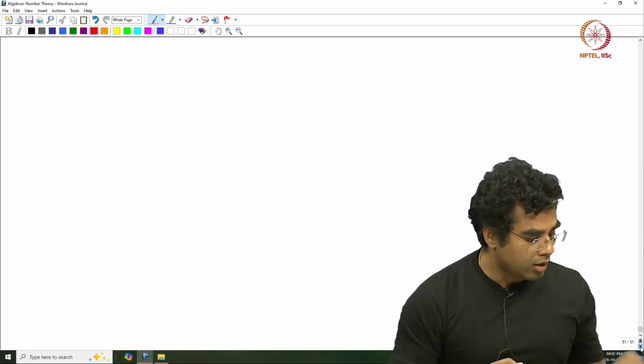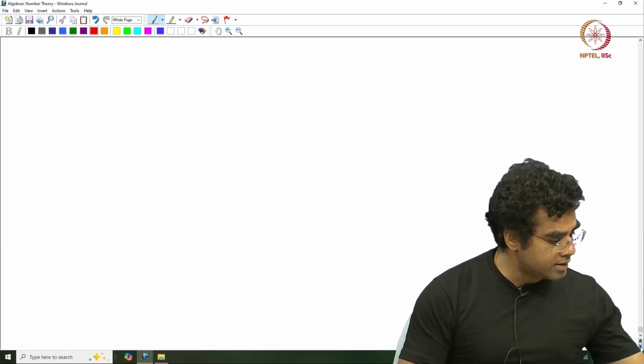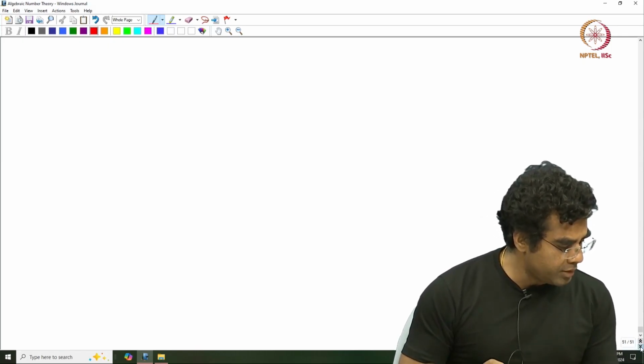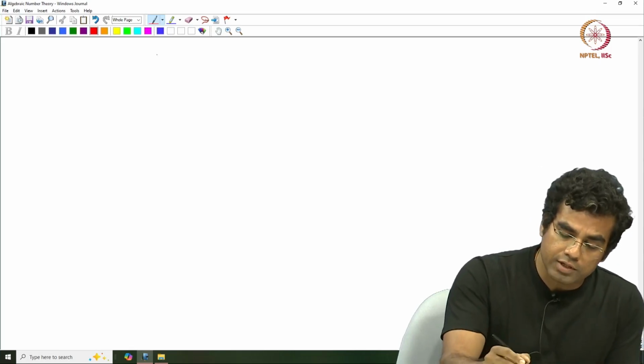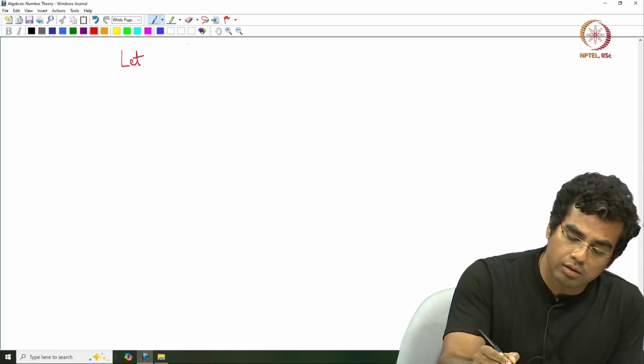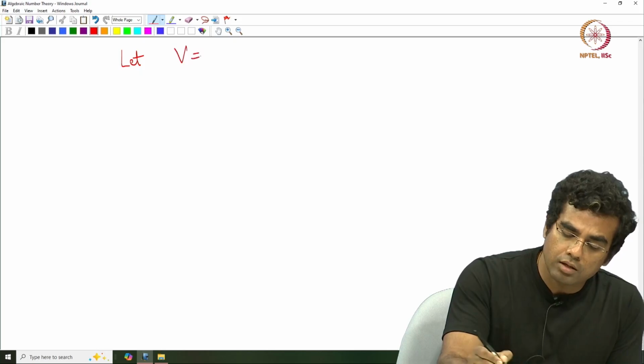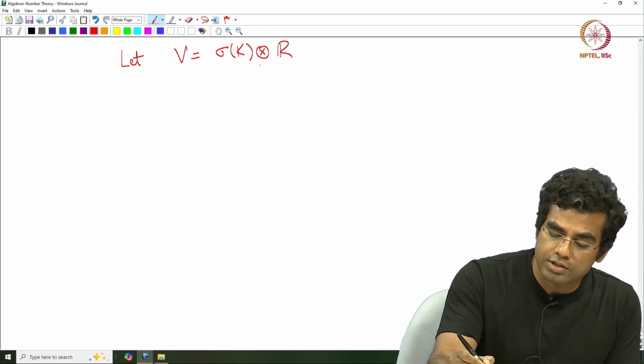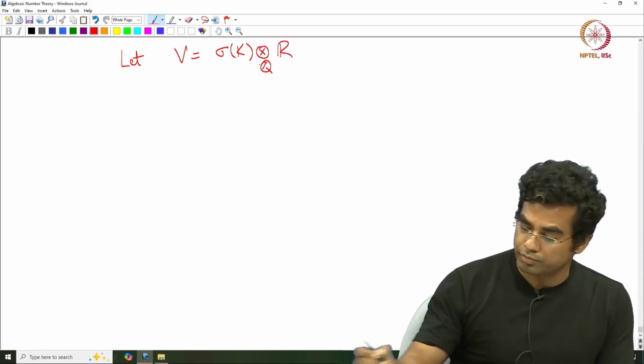Okay. All right. So, what I am going to do next is I am going to name the image of this map. So, let V be sigma of K tensored with R. So, this tensor product is over Q. Okay.